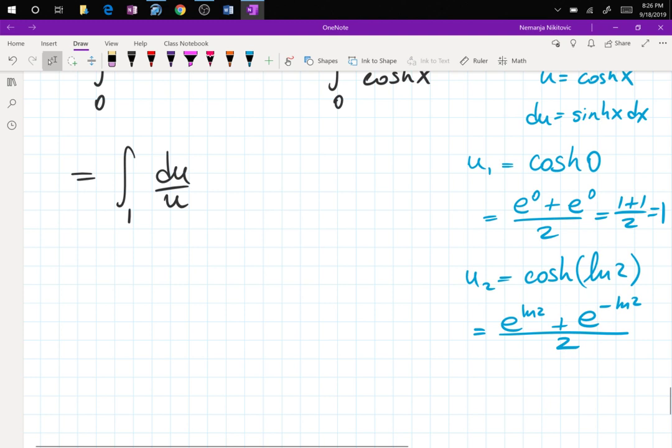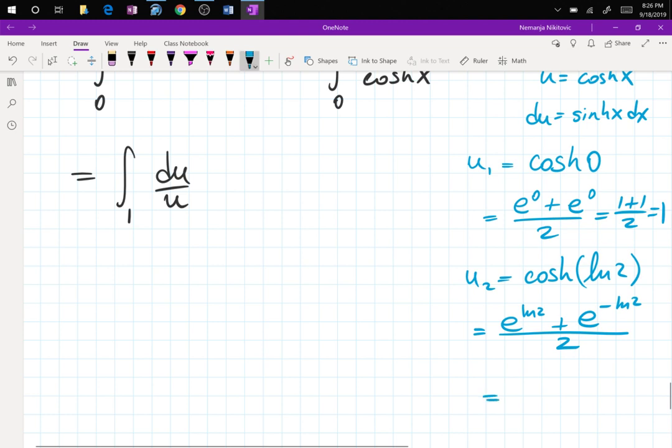Remember how I said cosine hyperbolic of a heart is e to the heart? So if I have x, heart is x. If I have ln 2, it's e to the ln 2. Whatever is the argument of cosine hyperbolic becomes the exponent of e, which is why we did those exercises over there.